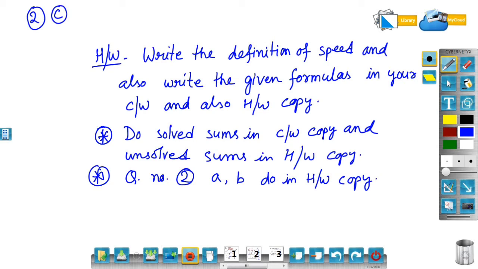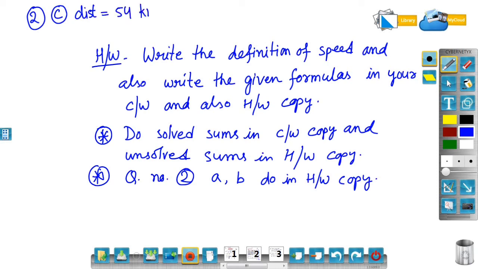Here it is given, a car covers 54 km in 3 hours. Then you have an idea now, that means 54 km is a distance.